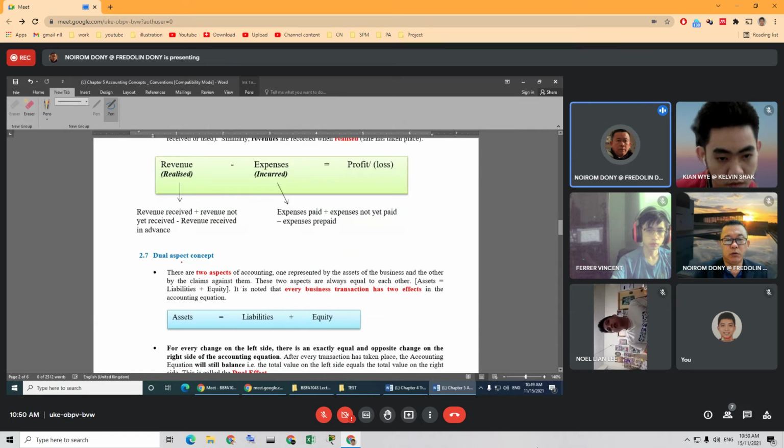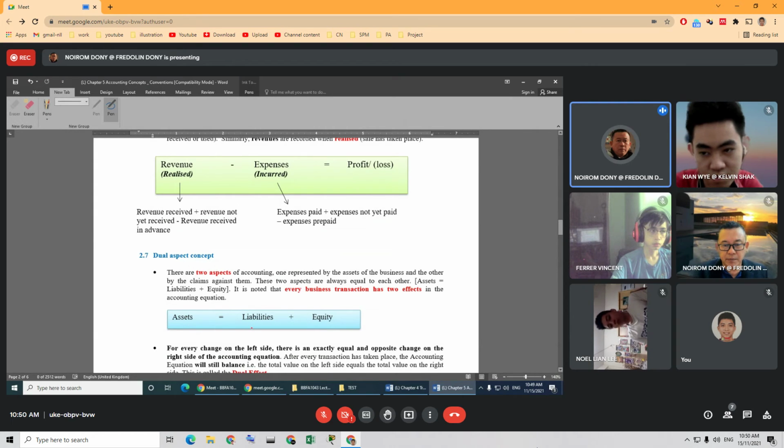Now, next one is the dual effect concept. Dual means we have two effects. There are two aspects of accounting: one represented by the assets of the business and the other by the claims against them. So this is the asset of the business, and this is the claim against them.